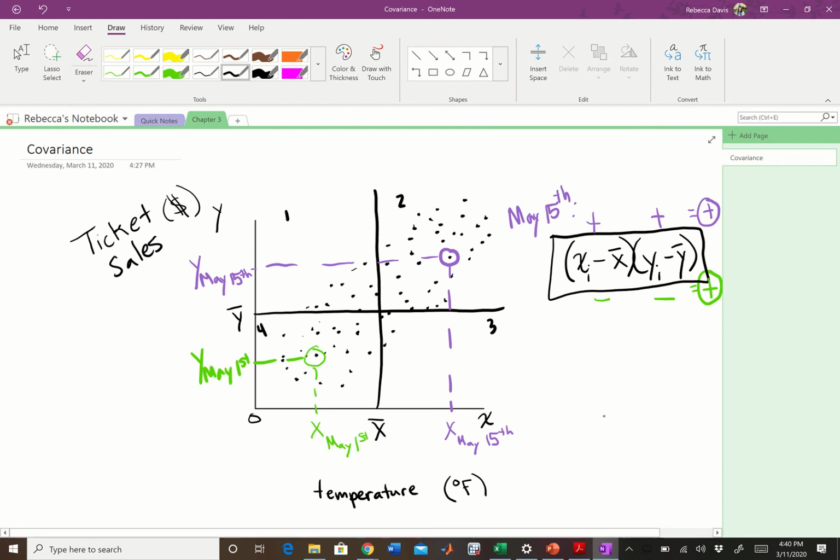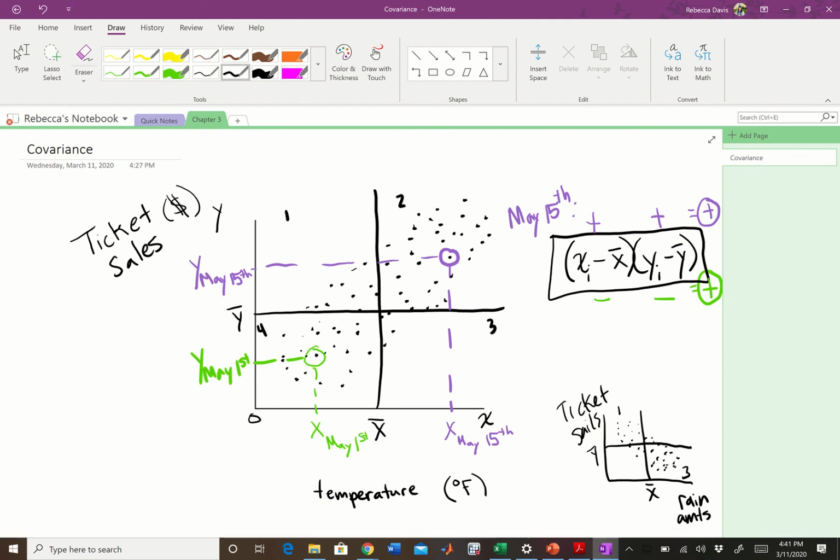So you can try on your own, looking at data or going through the same analysis, when instead the picture looks like what I'm drawing now, where on your x-axis it would be rain amounts, and you could just keep your y-axis the same, ticket sales. When you draw your quadrants, when you draw X bar and Y bar, you'll see that the quadrants now have more data points in quadrants 1 and 3. Okay? So go ahead and take some time and prove this to yourself.